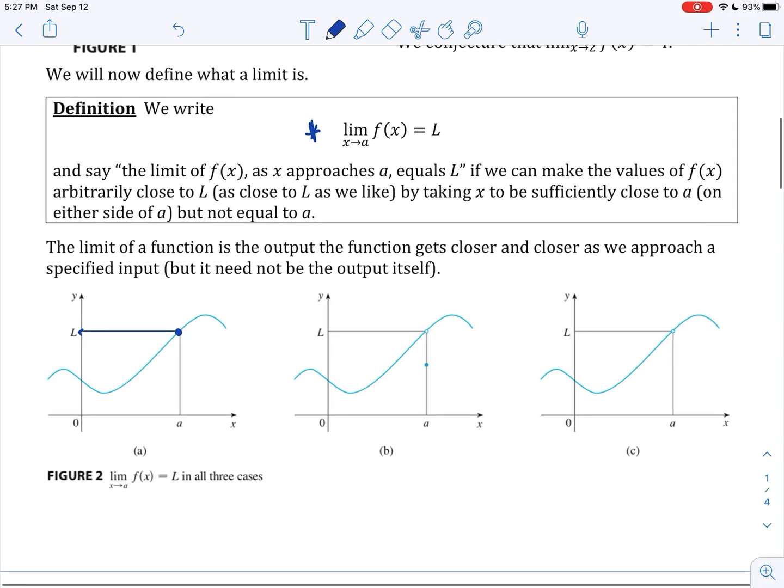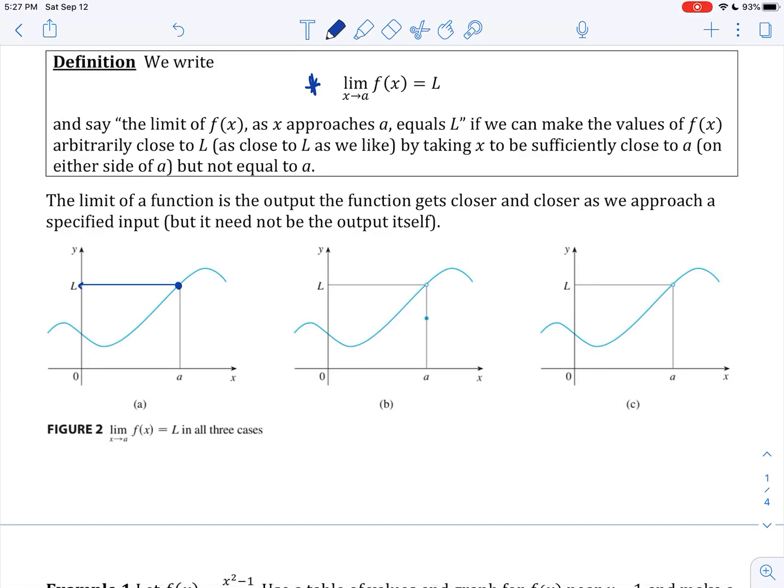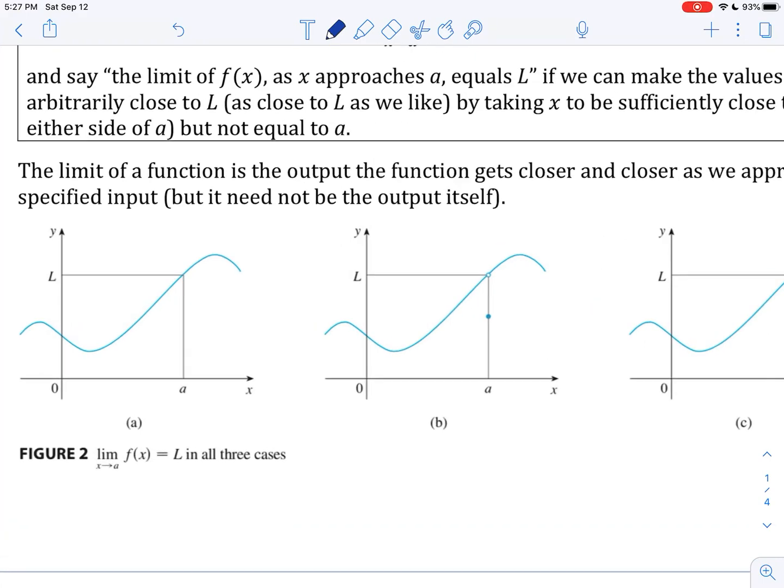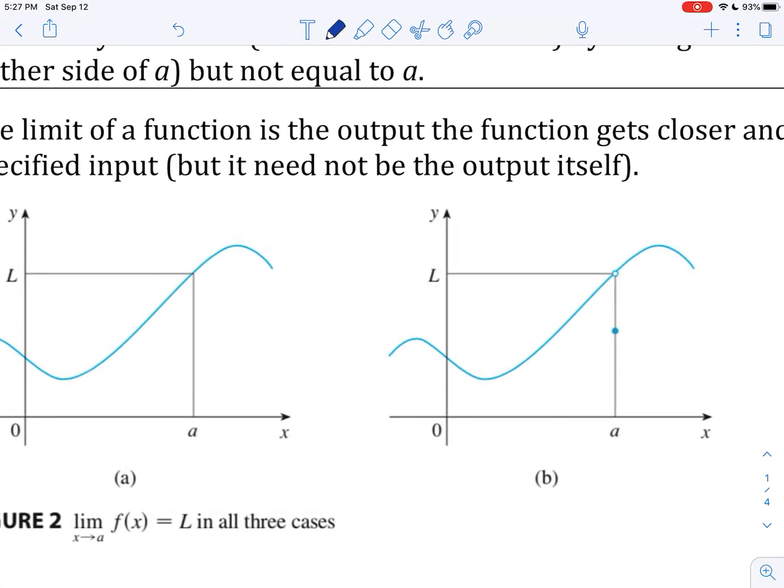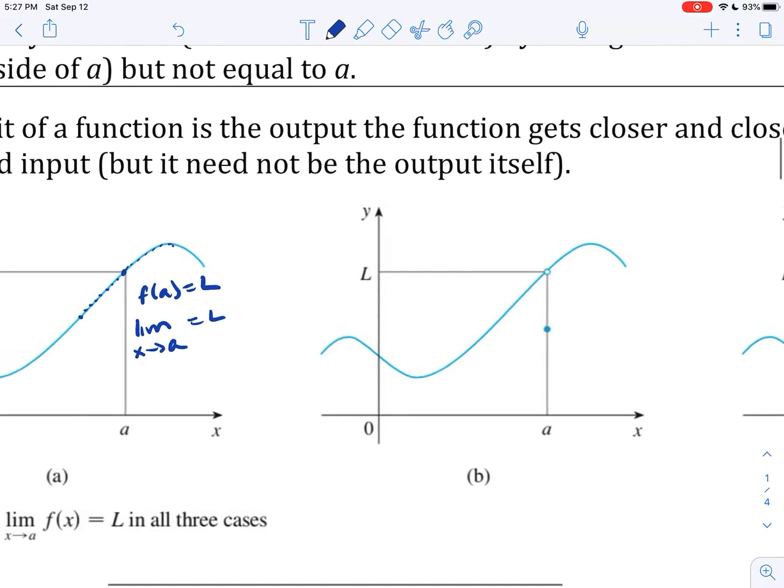All right, also look at these 3 instances of graphs. Notice that in the first instance, a does have an output. We see that f of a actually does equal L. We also see that the limit as x approaches a equals L because the output values from both sides of the function approach that function output.